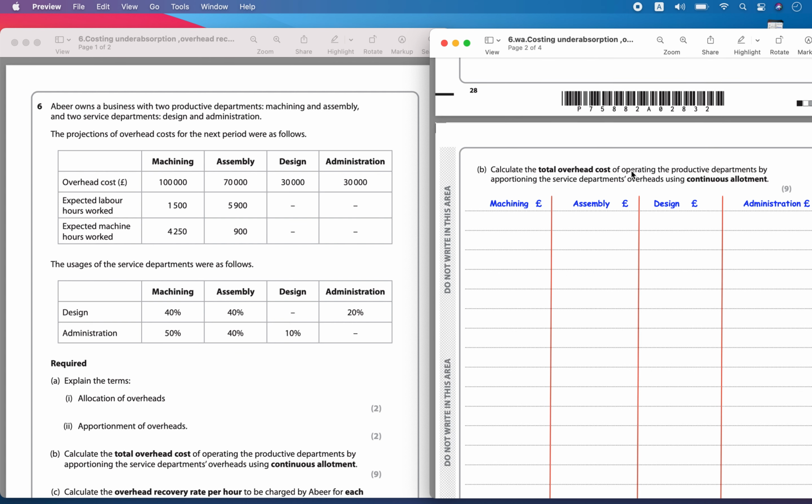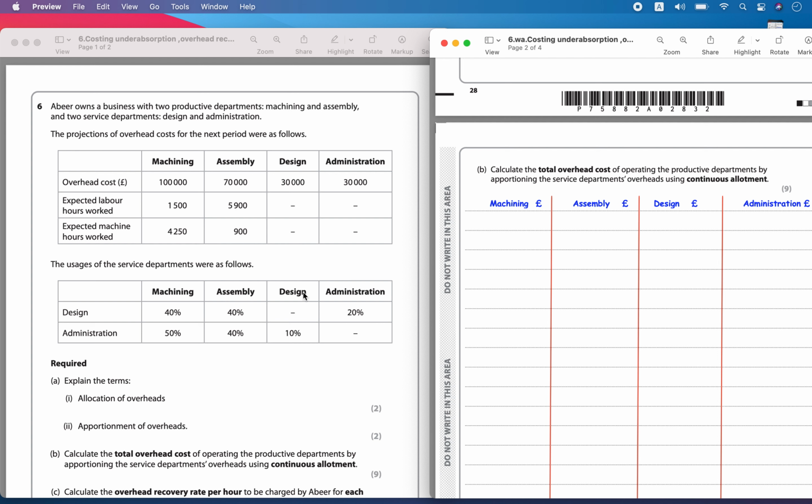Now, calculate the total overhead cost of operating the productive departments by apportioning the service department overheads using continuous allotment. This is a budget preparation. The service departments, design and administration, are the overhead costs that derive benefit from the usage of other things like labor hours or electricity.